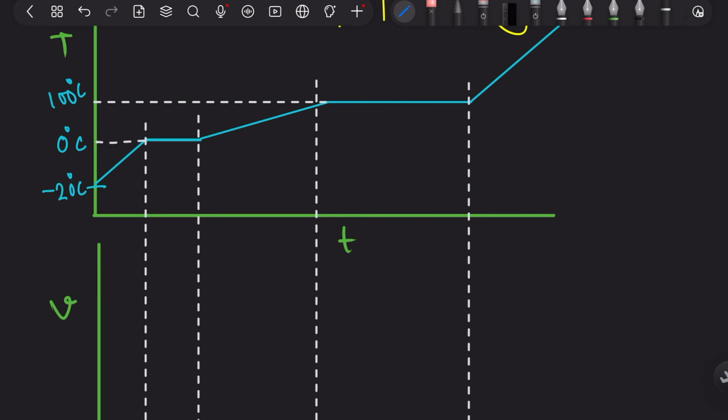For ice, the specific volume will increase almost linearly from a particular value. But if they ask on which property it will depend, it depends on the thermal expansion coefficient of the ice. If I consider that it is not changing much, then it will be like this.